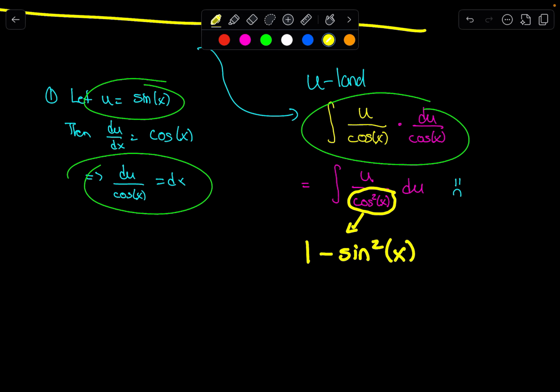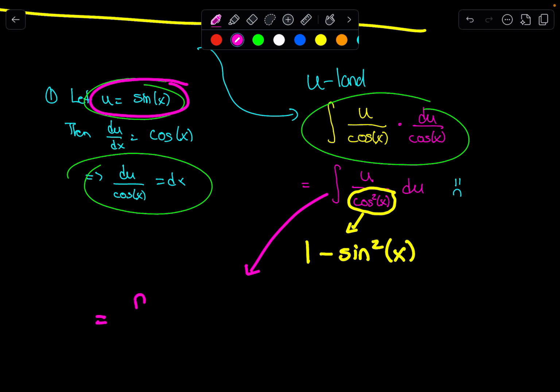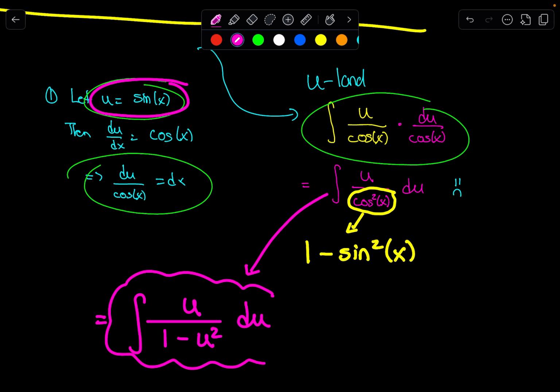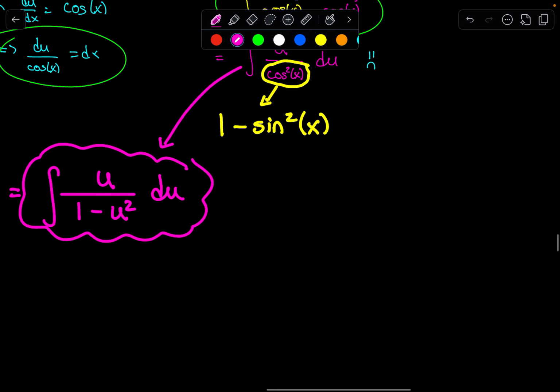And I happen to know that u is equal to sine of x. So this integral here is actually the same thing as the integral of u over 1 minus u squared du, right? And we could try and see, can I solve this?